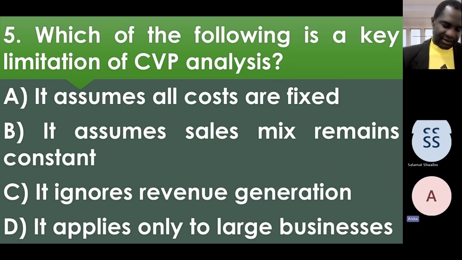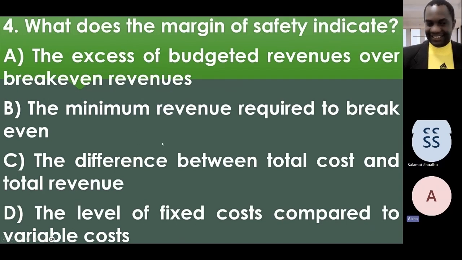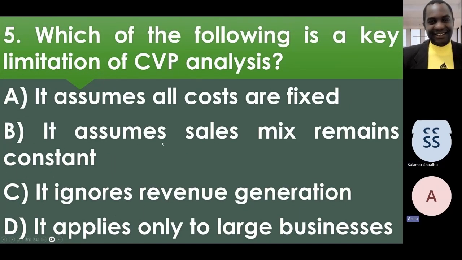These questions are hot. They are not like the ones we know. I don't know. We'll just guess. It's going to be A. They are hotter than financial forecasting and budgeting. All right, Salmat, what's your pick? Aisha has picked A. CVP is cost, profit analysis.